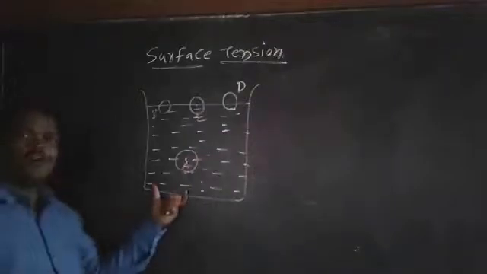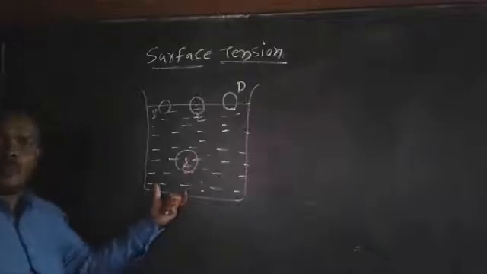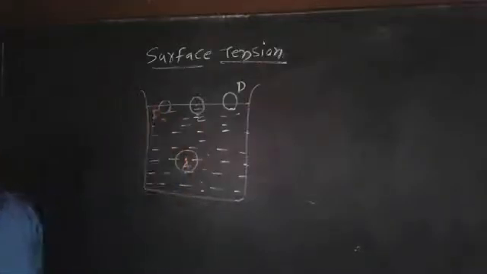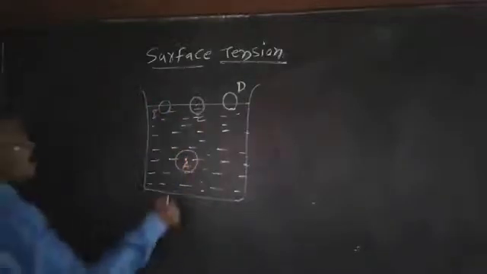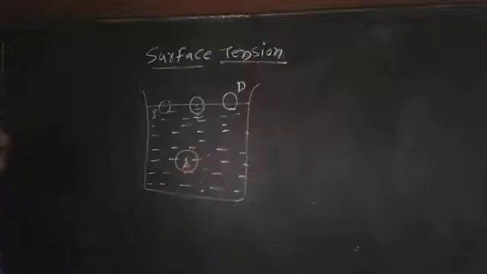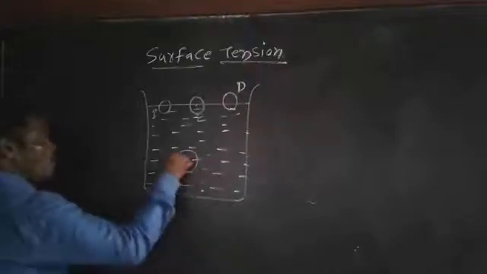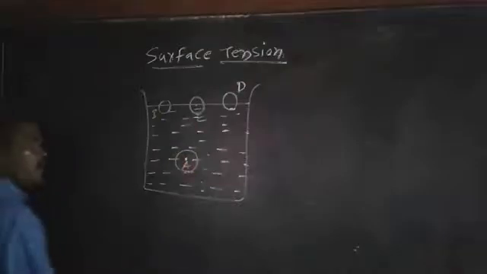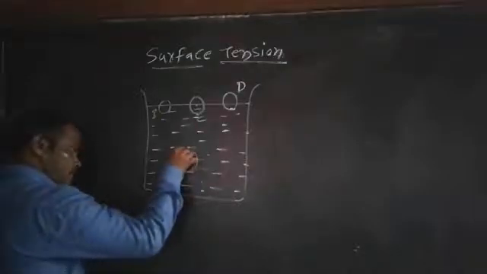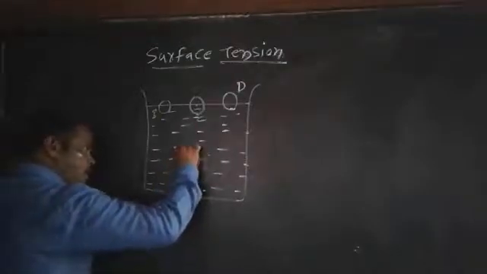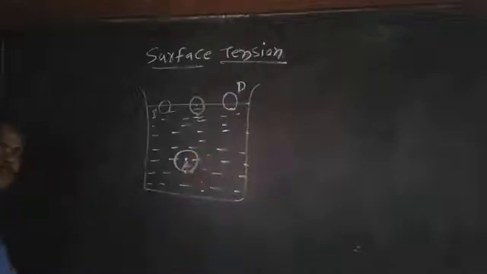So consider this vessel containing liquid and there are four molecules. Consider the molecule A, and this is called the sphere of influence.